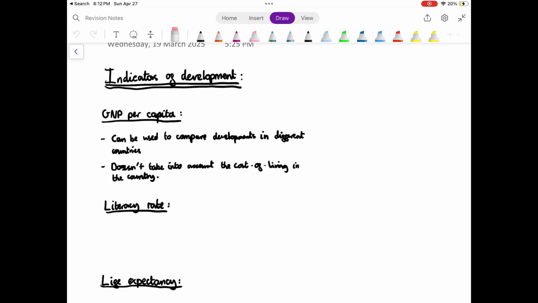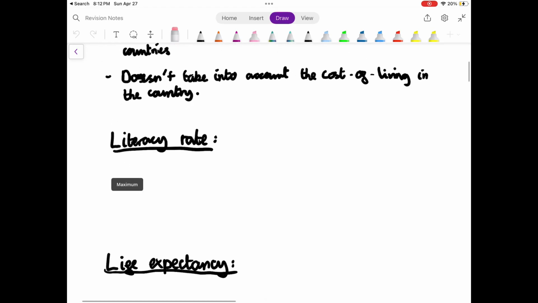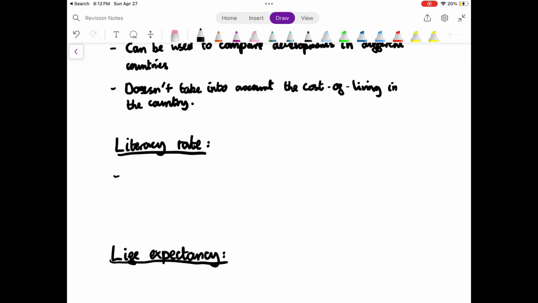The next is literacy rate. Literacy rate suggests a skillful workforce and also economic growth. This is because more people are being educated, and therefore people will be more employable and so can get more jobs.